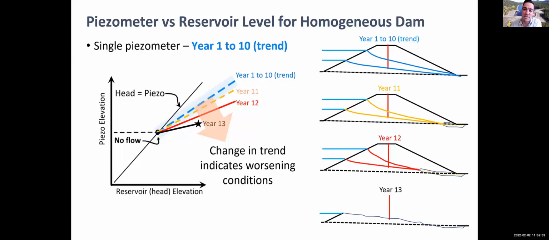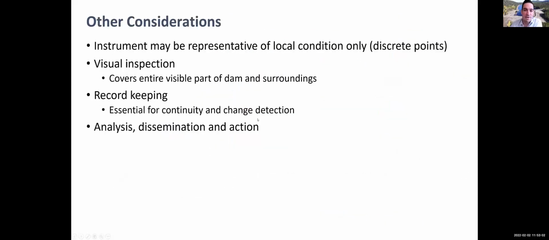So remember, your job as a dam owner is to detect the problem so that you can make sure it's safe. So maybe in year 11 or year 12 is when you want to reach out and figure out what to do next if you don't have the resources in-house to do so. So this is what we're trying to avoid. It's moving, and in this case, the piezometer level is going closer and closer. Yeah, you see that trend.